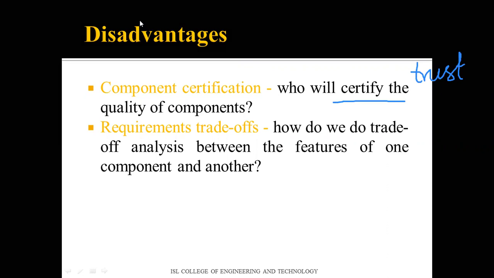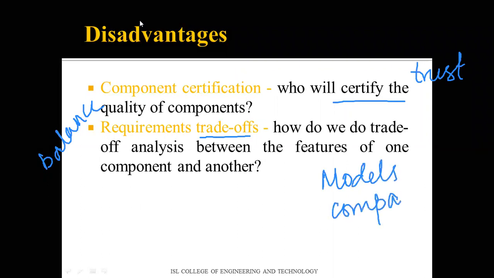The next is requirement trade-off. Now, trade-off in here actually means the balance. Now, as we have considered that different models are there, or different companies are selling the same particular product. Different brandings are there. So in here, how you're going to identify that, how you're going to analyze the features of one component and another. Now, there is suppose company 1 and there is company 2.